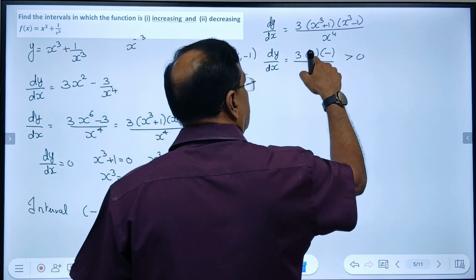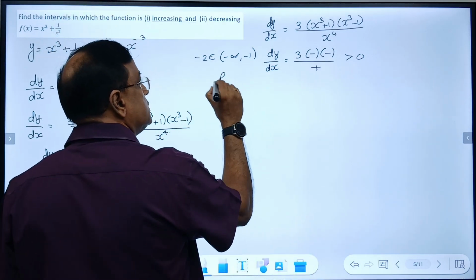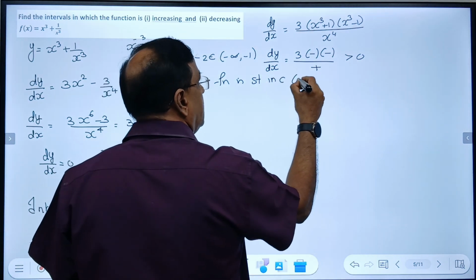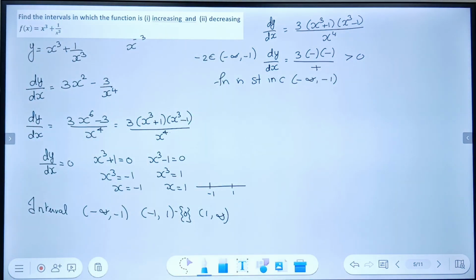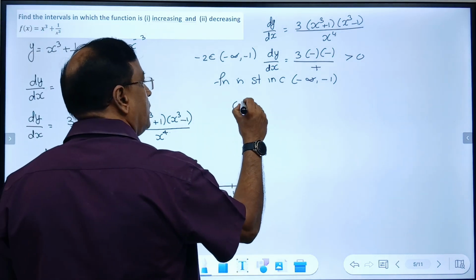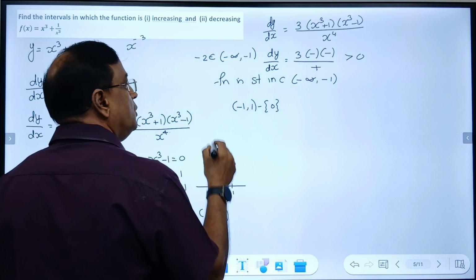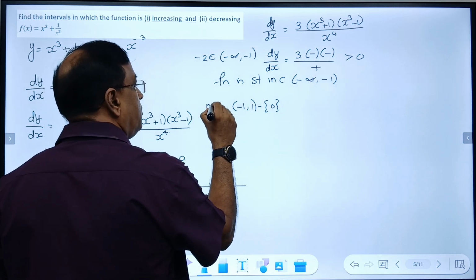So negative into negative is positive, positive by positive is positive, therefore the function is strictly increasing in minus infinity comma minus 1. Now choose a number between minus 1 comma 1 excluding 0. So definitely you can't choose 0. So here I will choose half, or I will choose 0.5.